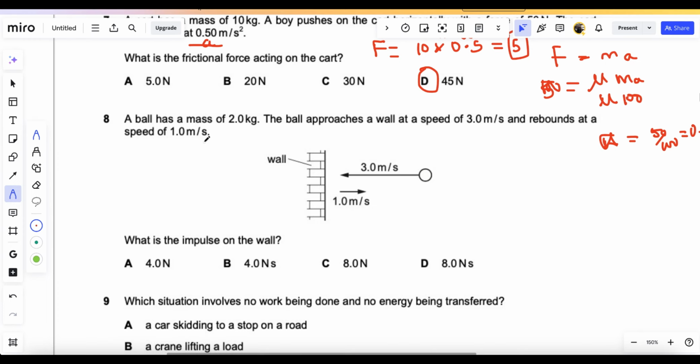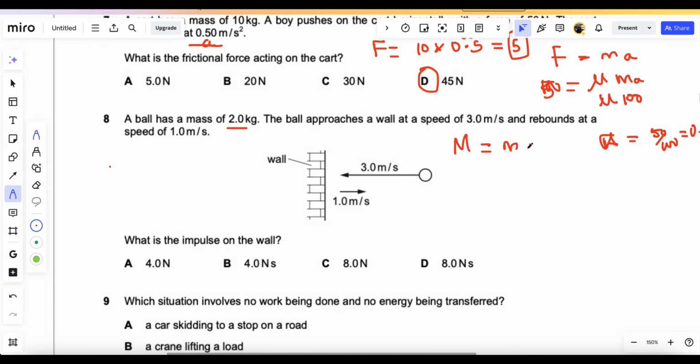Okay, let's take a look at this question again. A ball has a mass of 2 kg, so this is the mass of the ball, and the ball approaches a wall at a speed of 3 meters per second, so there's a momentum. It has a mass of 2, so we can calculate the momentum of the ball as it was going this way. The momentum before collision, before it hit the wall, is mass times velocity, or mass times speed.